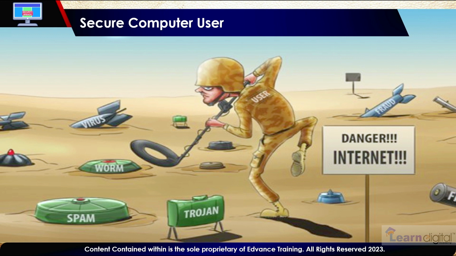You can also use antivirus software, practice safe browsing, and be careful about public Wi-Fi. Please avoid public Wi-Fi as much as you can. There are a lot of important factors, or methods, by which you can be a secure computer user.